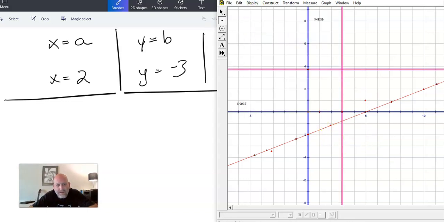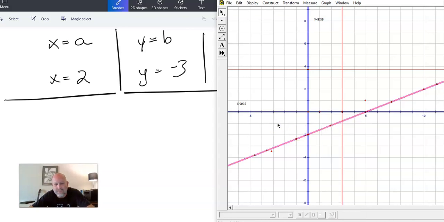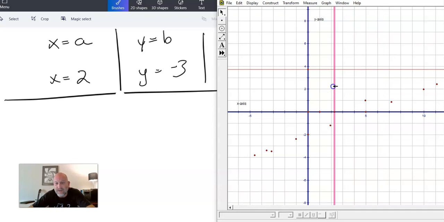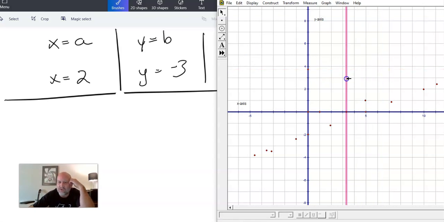Let me hide. Just get rid of this. There we go. This line here represents all the x equals, right? Because remember, that's exactly how we went about finding our x coordinate.